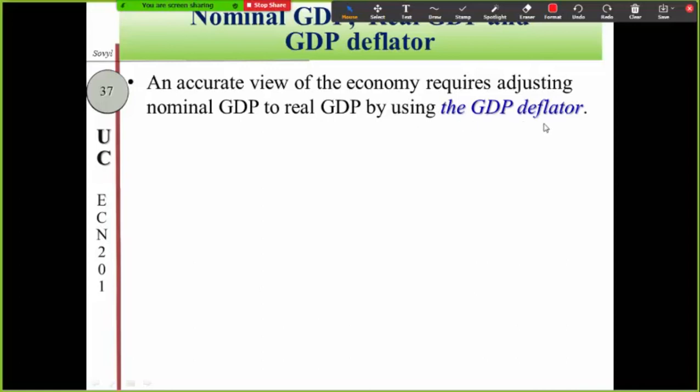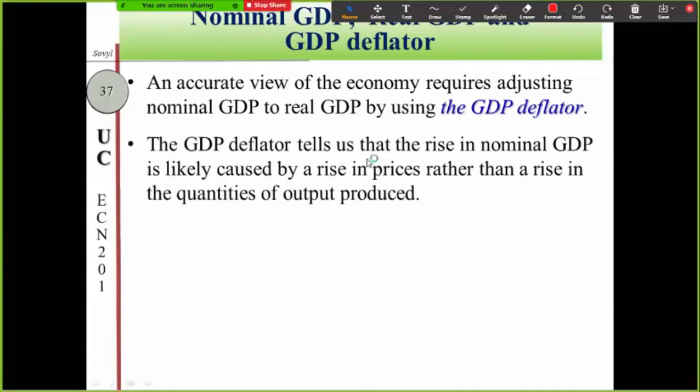The GDP deflator tells us that a rise in nominal GDP is likely caused by a rise in prices rather than a rise in the quantities of goods, services, or output that this country or state produced.